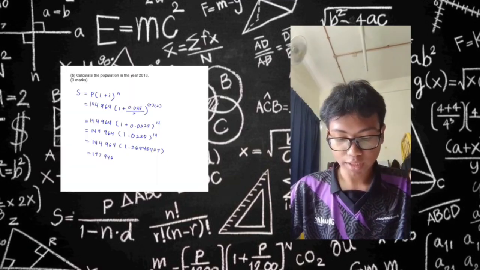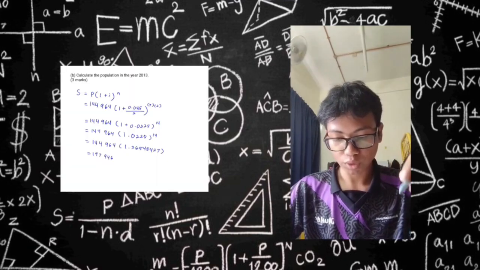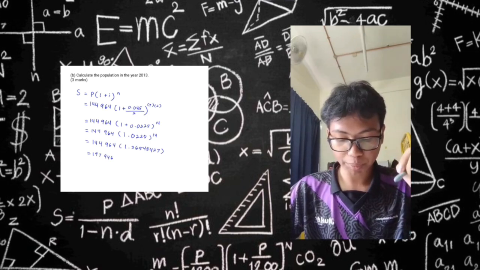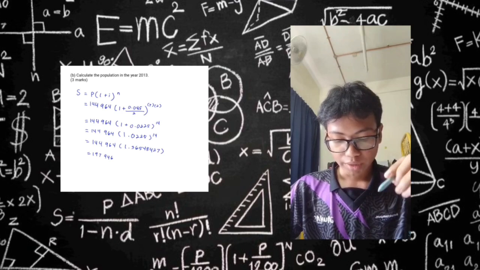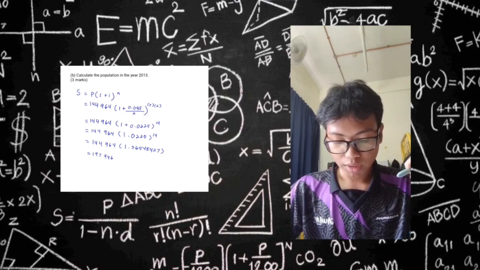Calculate the population in the year 2013. So the formula is the same. We will use S equals P bracket 1 plus I power of N. So just bring the information into the formula.